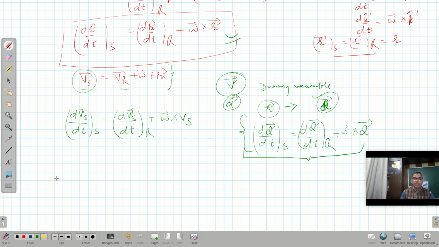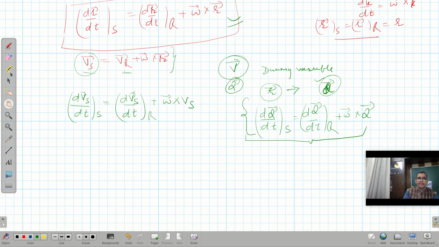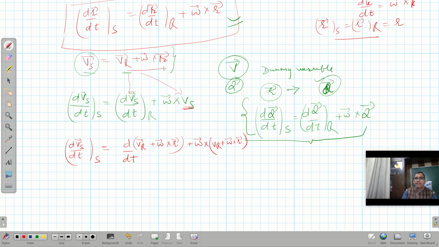So dvs over dt in S frame is equal to d of (vr plus omega cross r) over dt, plus omega cross (vr plus omega cross r), which is the value I substituted from here.